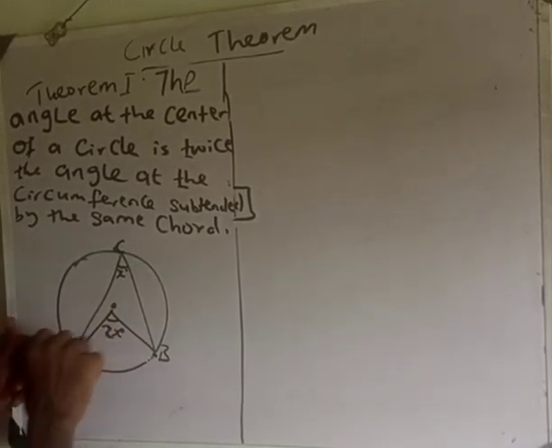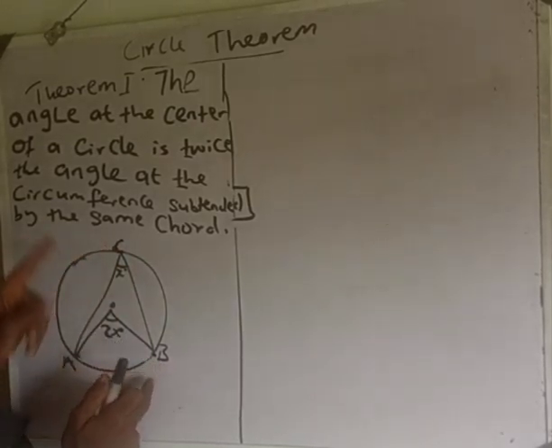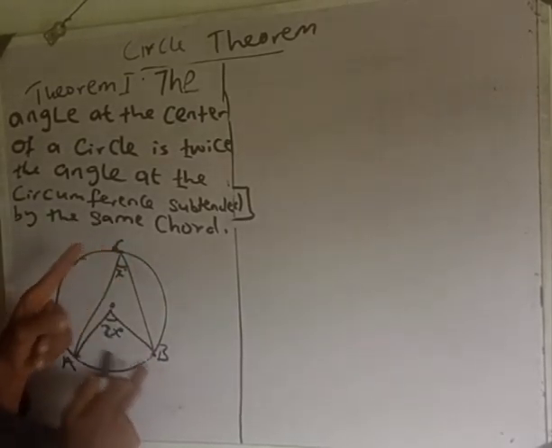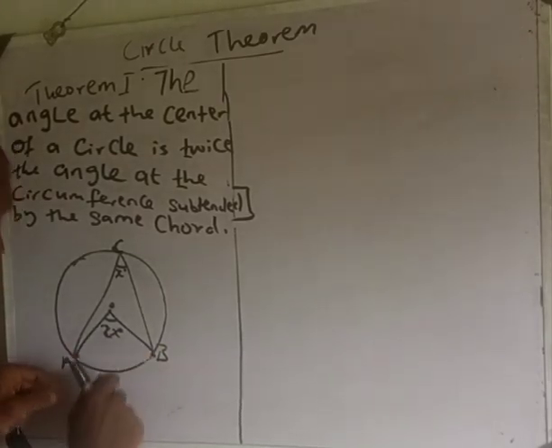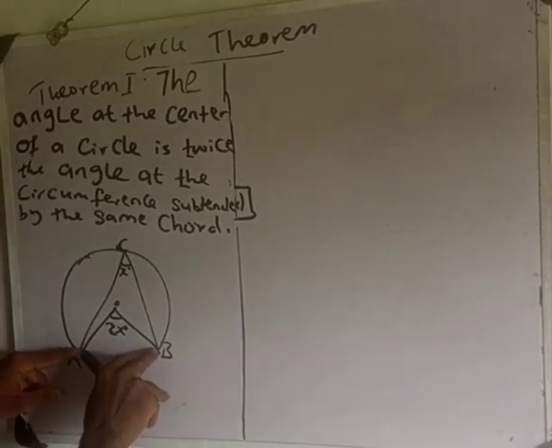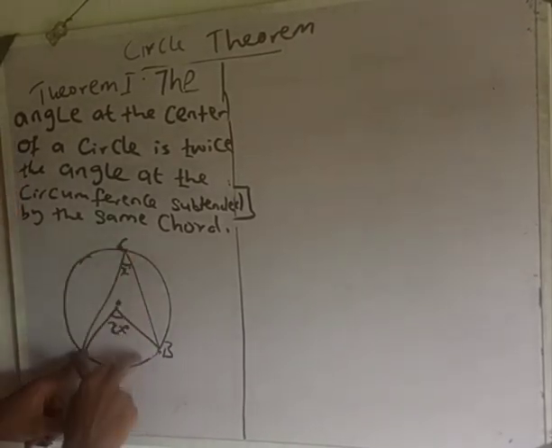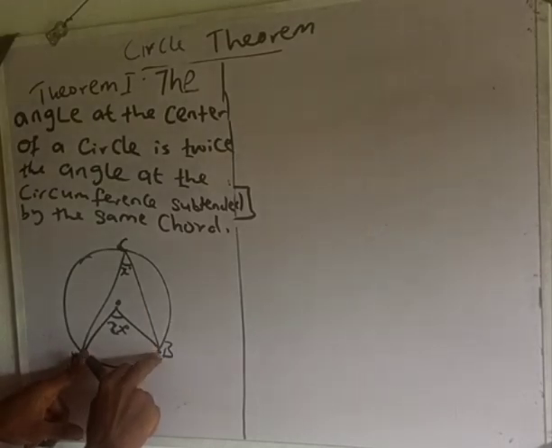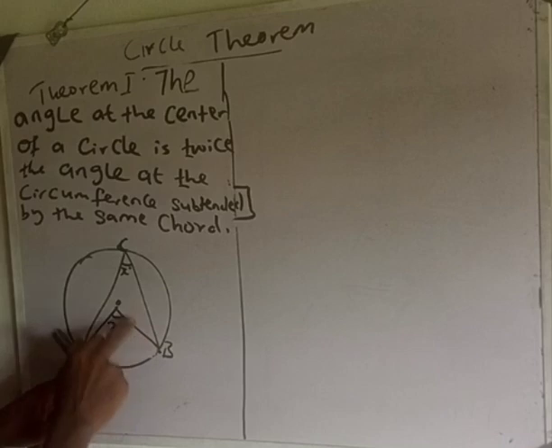Also, the way we have A and C, you see there's a chord there. Anytime you have 2 points, any straight line that joins those 2 points is called a chord. So, although we don't have a straight line here, I just want you to understand there's an invisible chord here. And because this chord subtends an angle at the circumference, that same chord subtends another angle at the center.